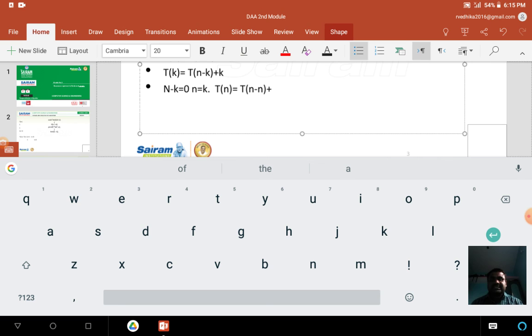This is equivalent to T of n is equal to T of 0 plus n.